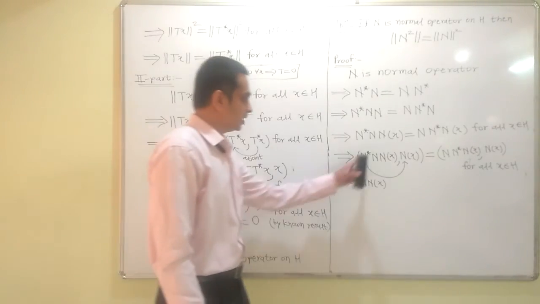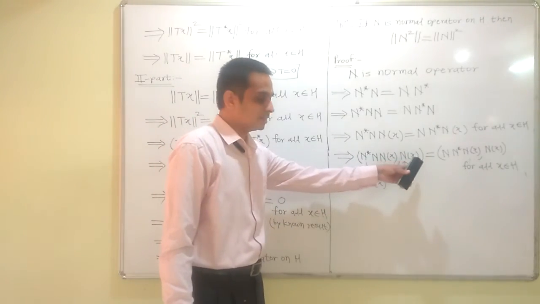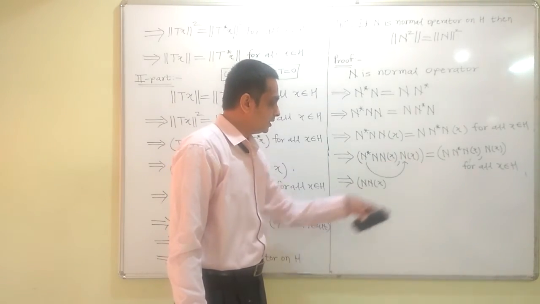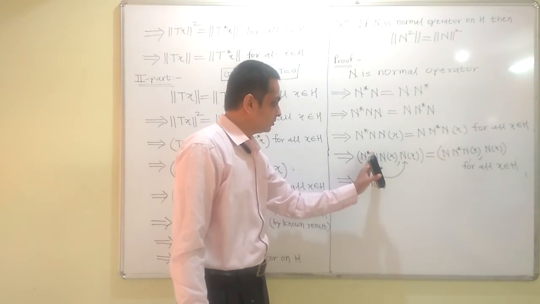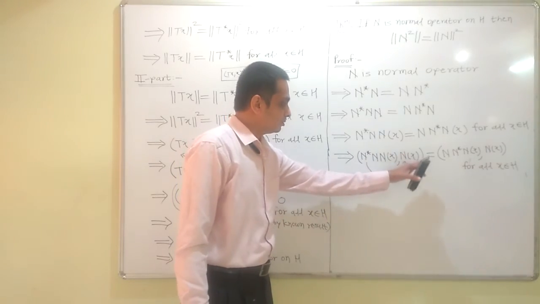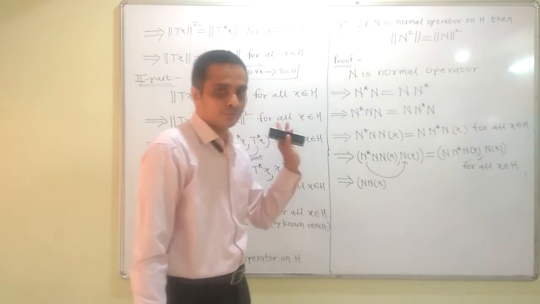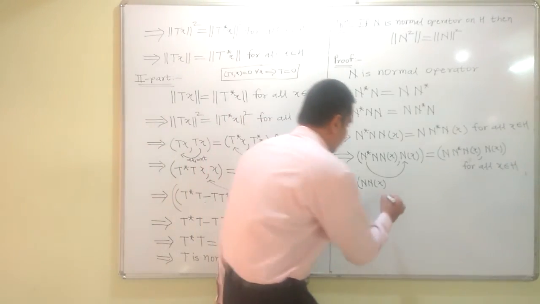If star is there it gets removed, and if star is not there then it gets added, when shifting from the first coordinate to the second coordinate. You can remember this as a trick.